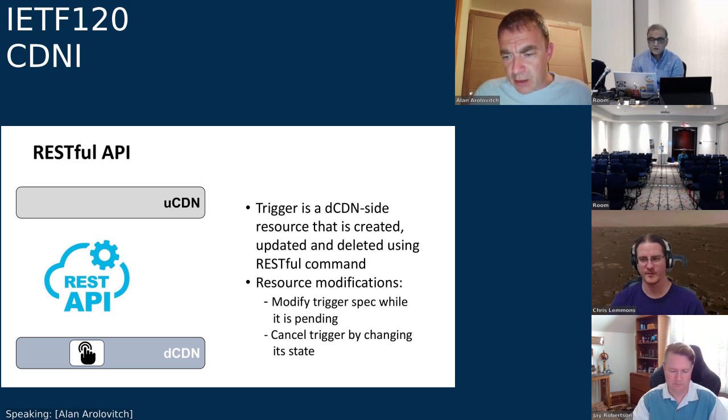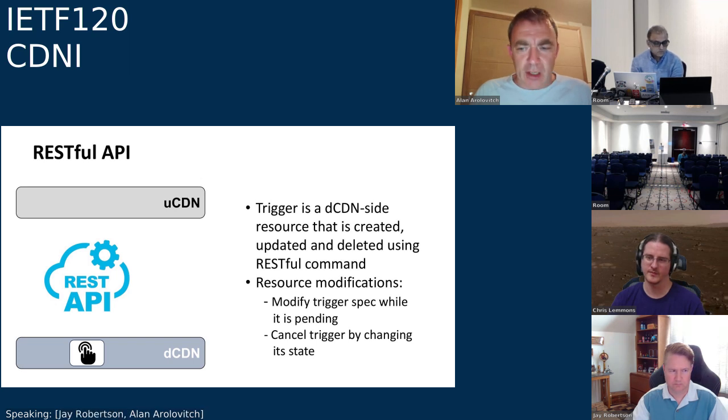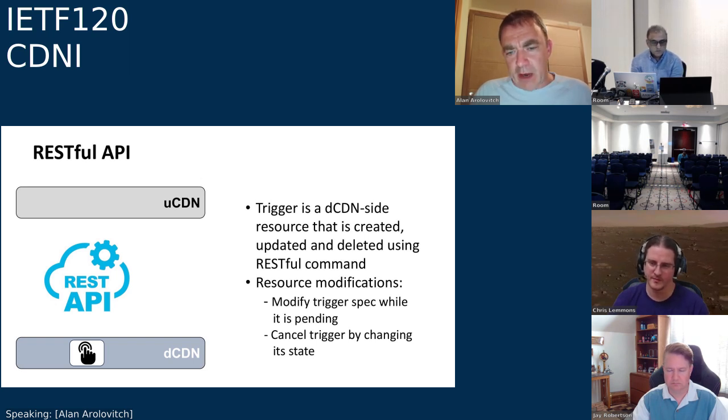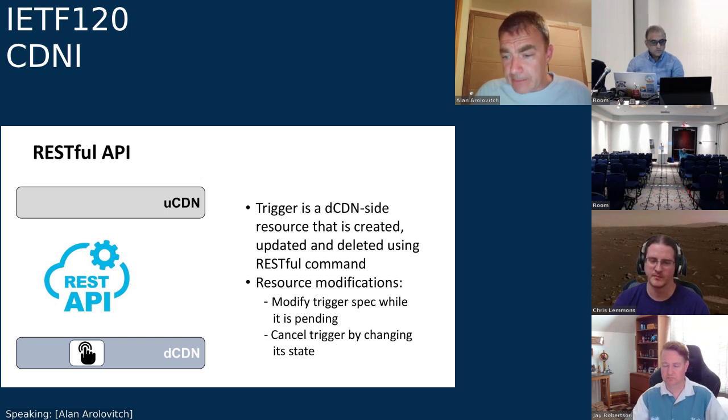And cancellation is also not done with some sort of custom JSON object. Instead, to cancel a trigger, you now modify the trigger spec and indicate the desired state. If you desire the state to be canceled, you indicate that, and that will be processed as a modification request as opposed to a custom non-REST command. So cancellation is done by changing the trigger state.